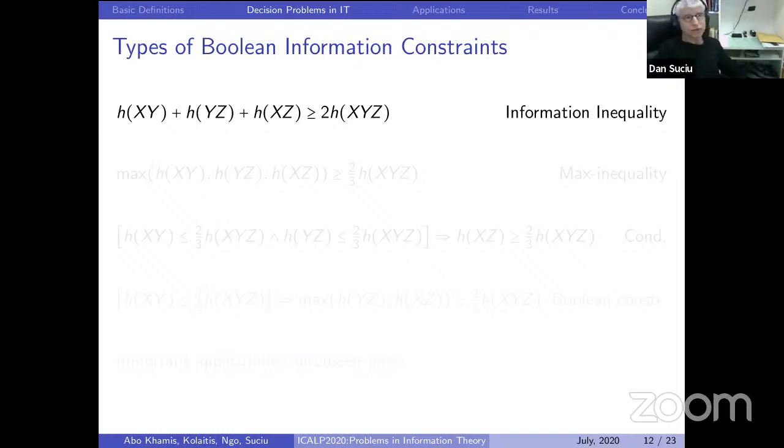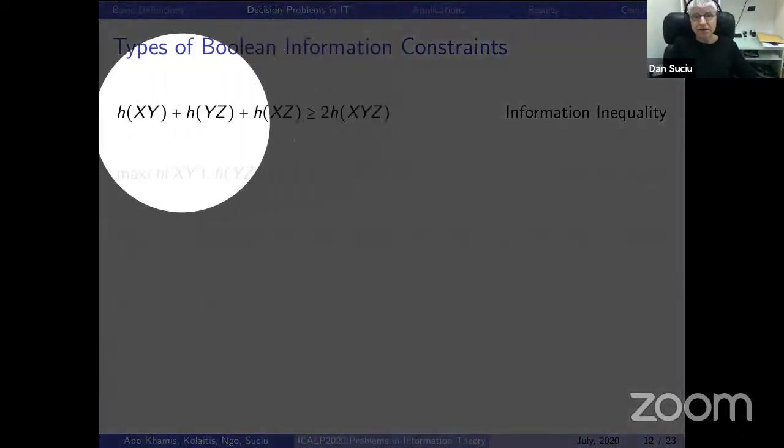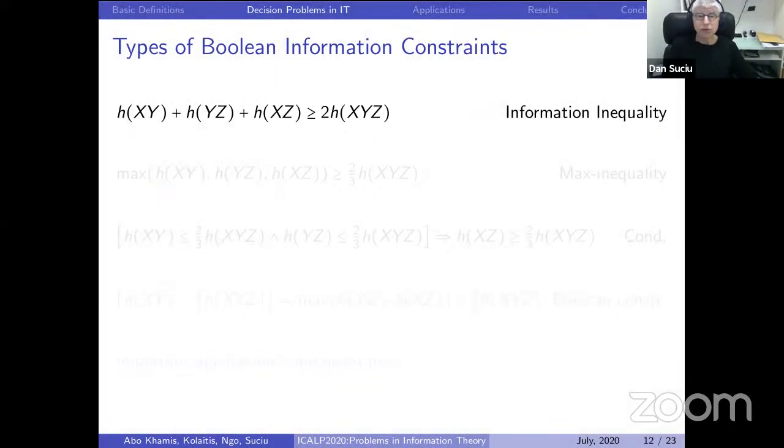Later in the 2000s, Matus discovered that with 4 random variables, there are actually infinitely many inequivalent non-Shannon inequalities. So there is no hope that a finite number of inequalities allows us to derive all of them. We became interested in these because they have very interesting applications to database theory.